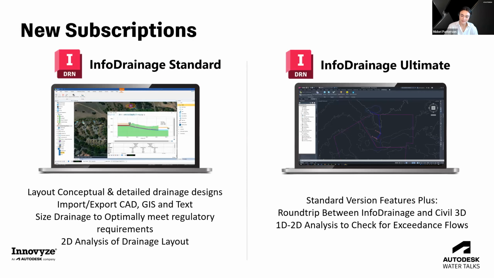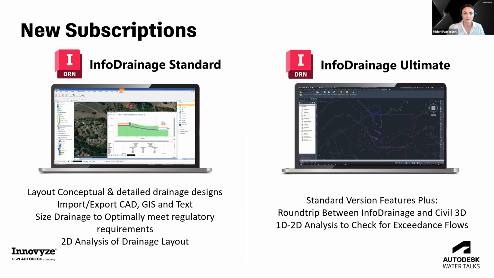So some InfoDrainage updates: with the Autodesk global launch of Innovyze products that happened a few months ago, InfoDrainage is now available on Autodesk subscription. It is available in 2 different tiers, the standard tier and the ultimate tier. In the standard tier, you still get a vast majority of the InfoDrainage capabilities.